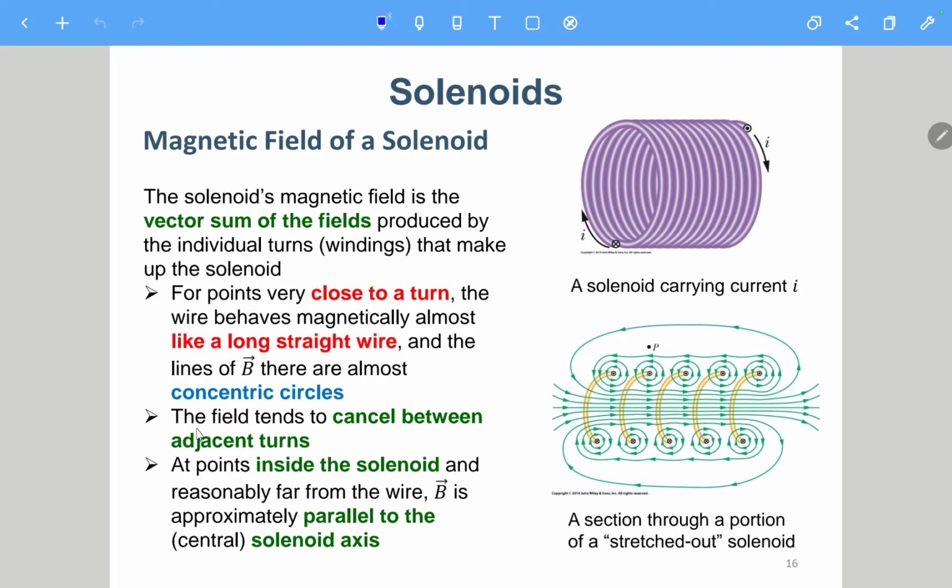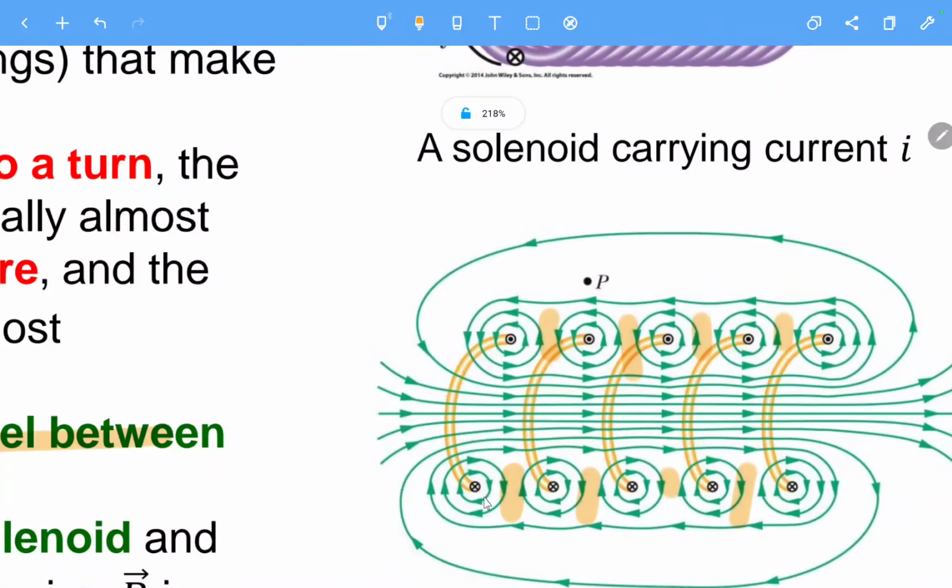For the second point, the field tends to cancel between adjacent turns. It specifies the area somewhere like here, and here. This one is going downward, and this is going upward. So right in the middle, the magnitudes should be the same, and they point in opposite directions.